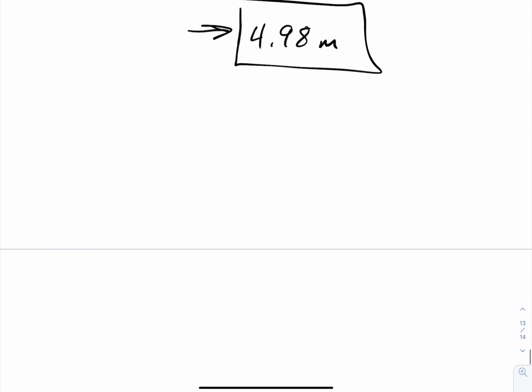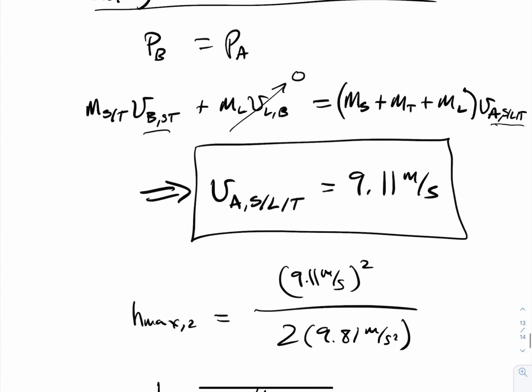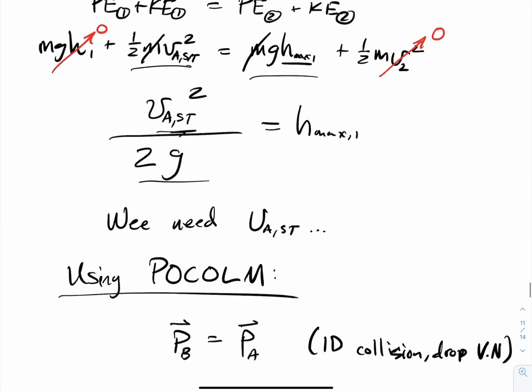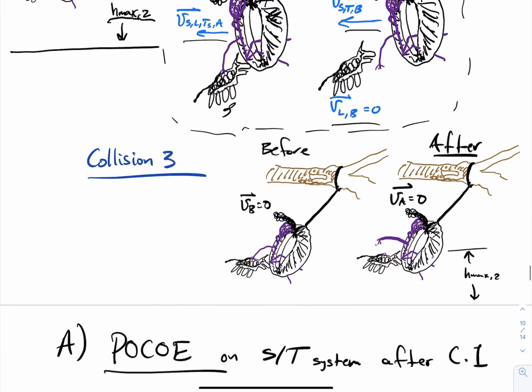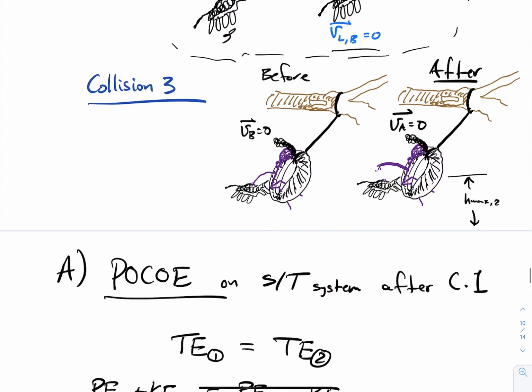And finally, for part C, this is where we had collision 3, where he drops the doodle. But something to notice is that he drops the labradoodle, and the before and after momenta are both 0. P before, P after, they're both 0. So there can be no change in momentum or no change in height.